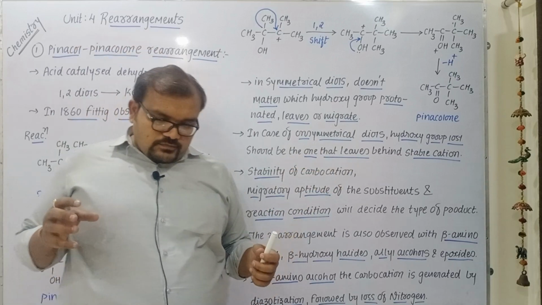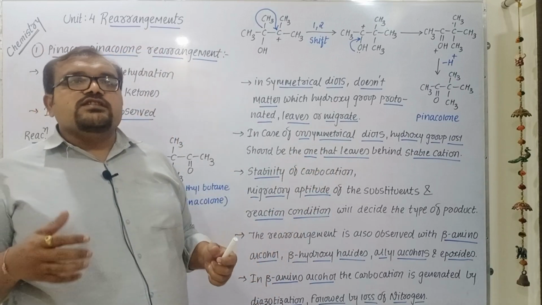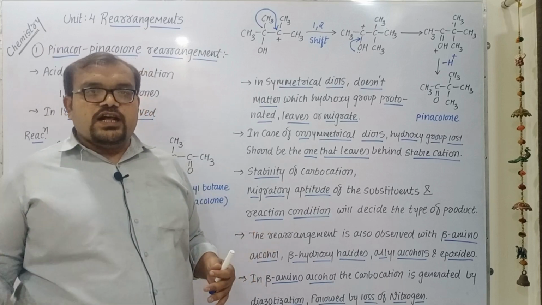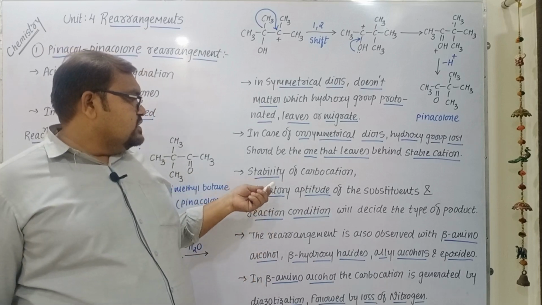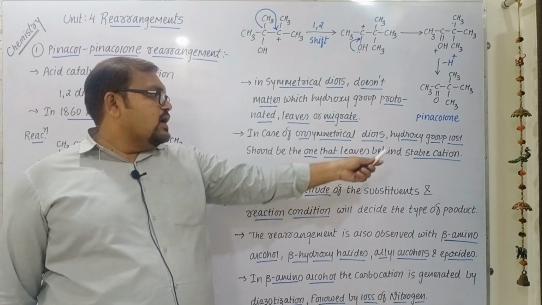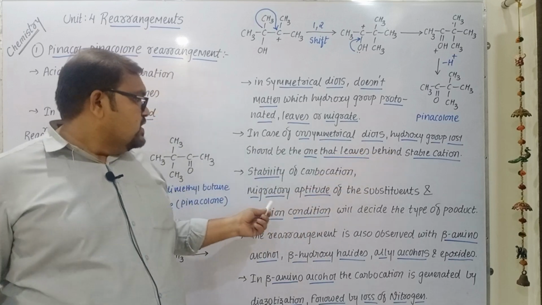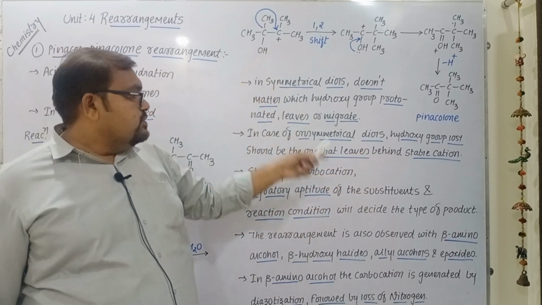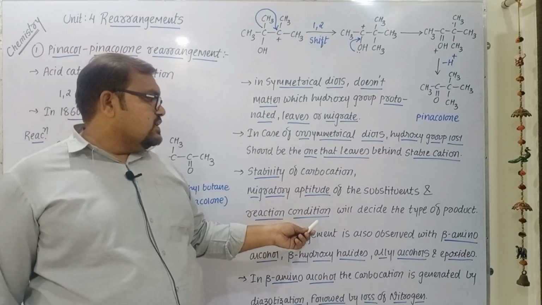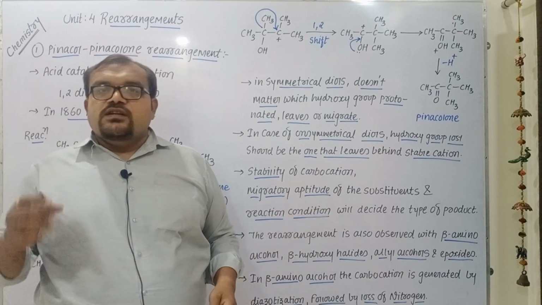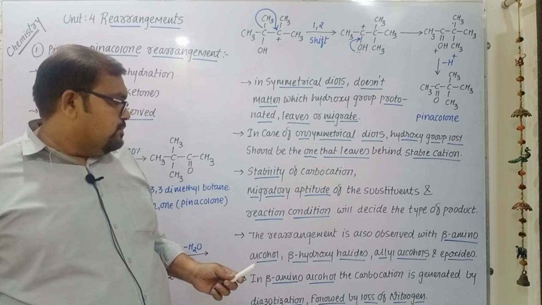Which are the factors that affect the nature or type of product? As we can see here, the stability of the carbocation formed, the migratory aptitude of the substituents, and the reaction conditions will decide the type or nature of the product.